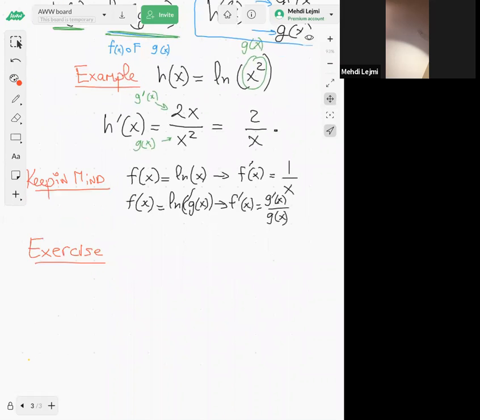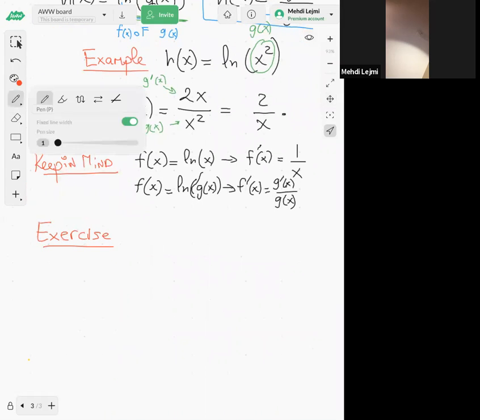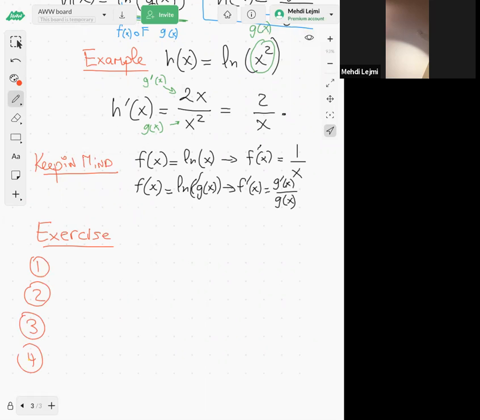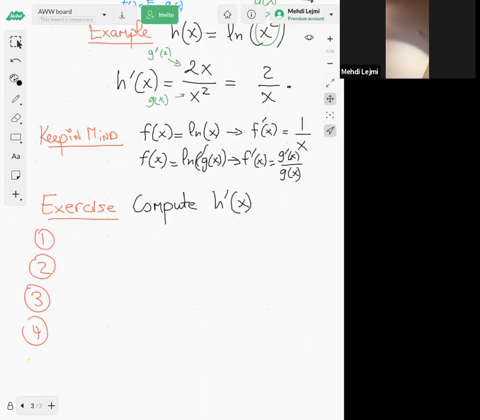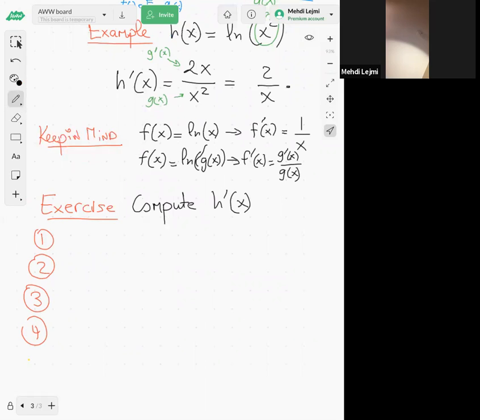So exercise: please compute h prime of x. Number one, h of x is equal to x cubed times natural log of x.